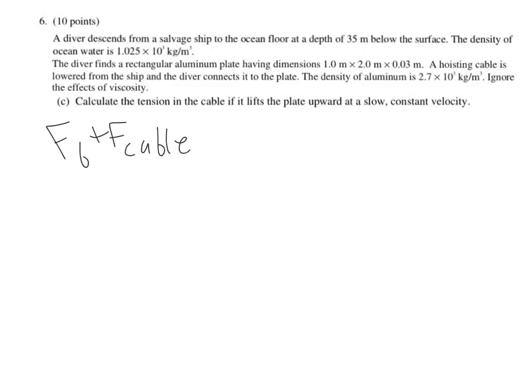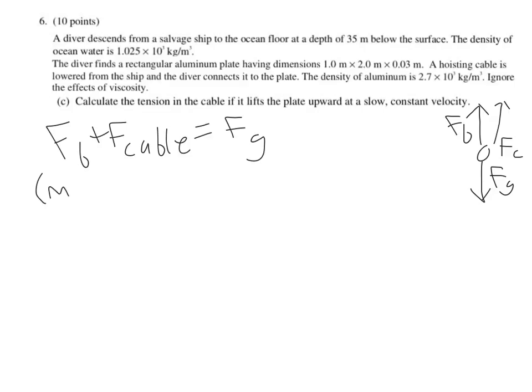From a simple force diagram, we can find that our buoyancy force plus the force of our cable is equal to our force of gravity, right here on the right side of the page. So we manipulate the formula a little: the force of buoyancy equals the mass of water displaced times gravity, plus the force of the cable equals the mass of the object times gravity.